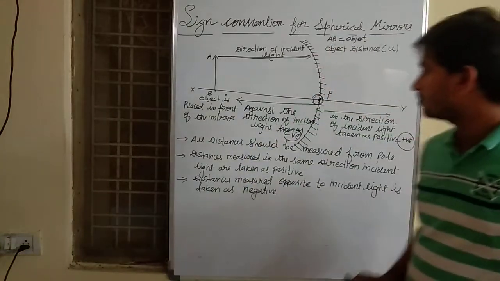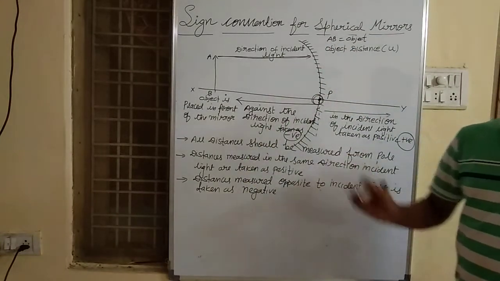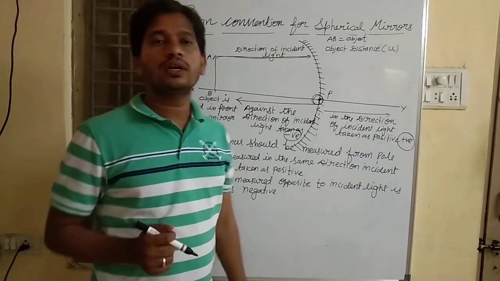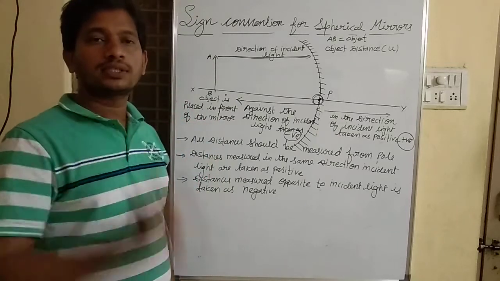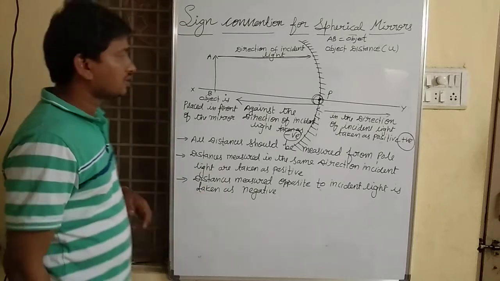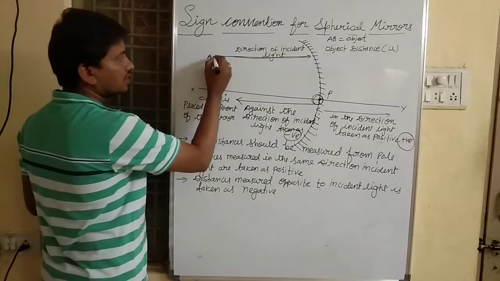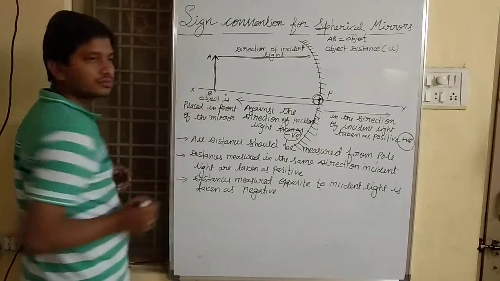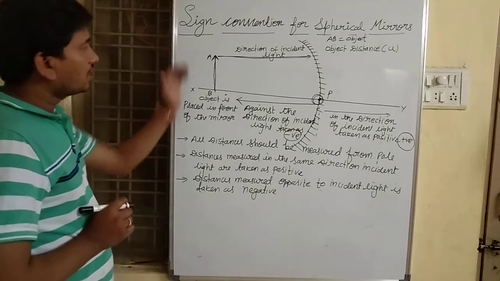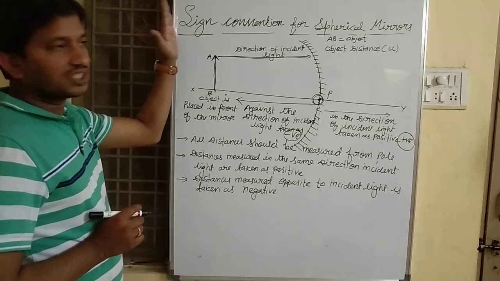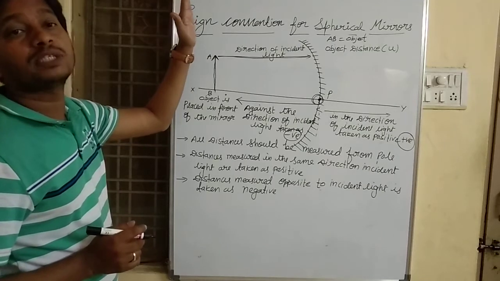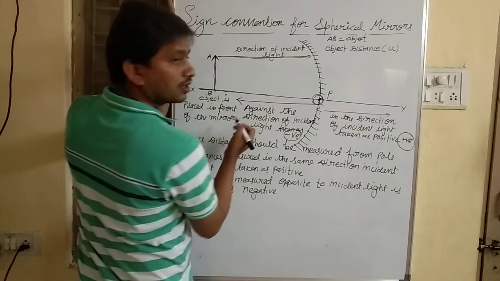And what about the fourth point? Here, the fourth point is distances measured upward and perpendicular to the principal axis. For example, this is my object, and this is our principal axis.